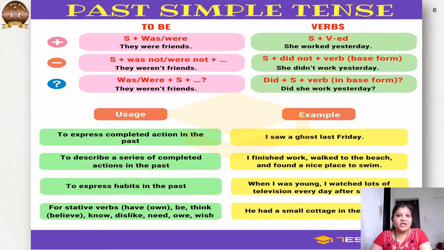Where do we use it? To express completed action in the past, to describe a series of completed actions in the past, to express habits in the past. For stative verbs, have, be, think, when we believe something, know, dislike, need, or wish, or when we own something, for that we use simple past tense.